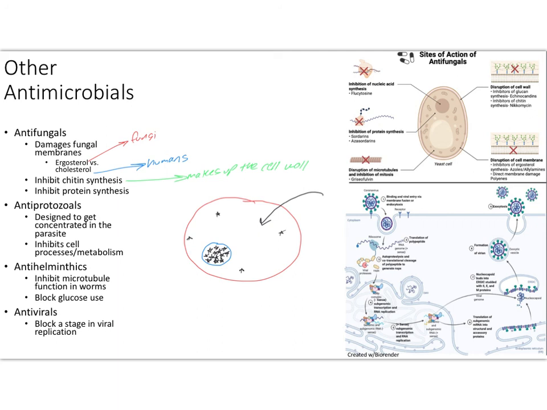Now, our next type of medication are the antihelminthics. These are very difficult for us to develop. They are one of the hardest types of drugs for us to develop because helminths are fundamentally animals, and humans are also animals. And our cells have very little in terms of differences between them. They are very, very similar.